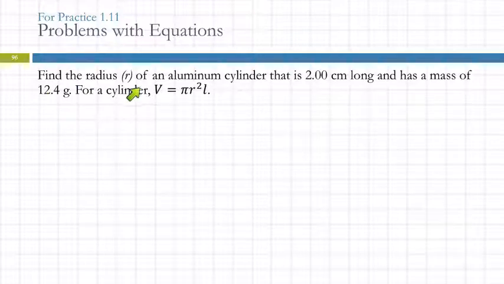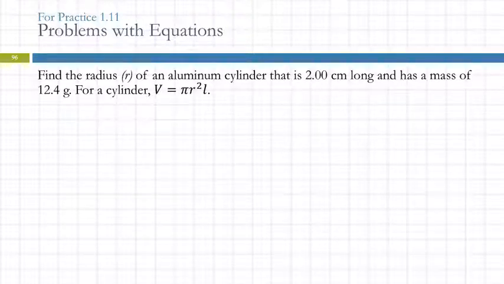So you're trying to find the radius, and you've got this other information. This is one that you're going to have to apply a little critical thinking to. So you've got this equation. You want R, so you could rearrange the equation, solve for R, but then you need the volume and the length. Well, that's okay, you have the length here, but they give you the mass. How do you get the volume from a mass?